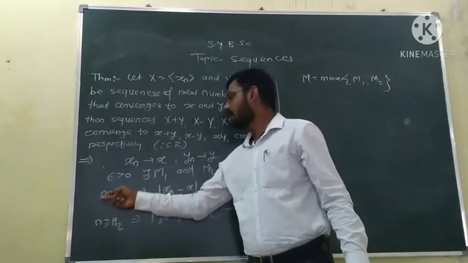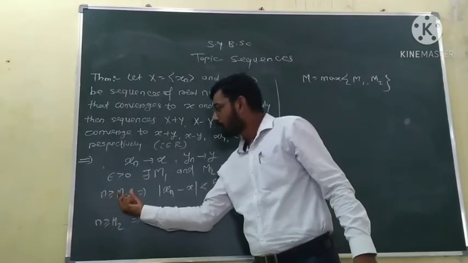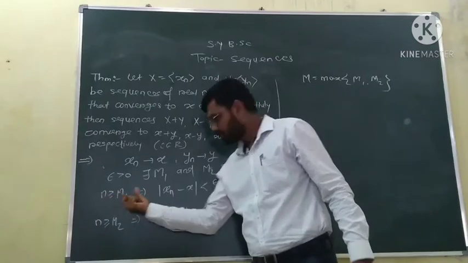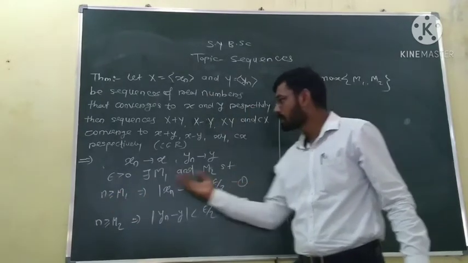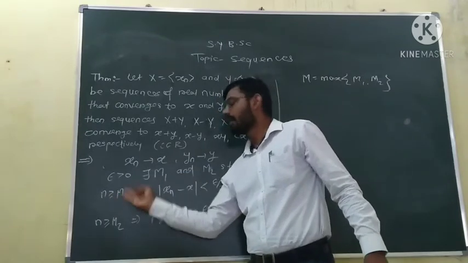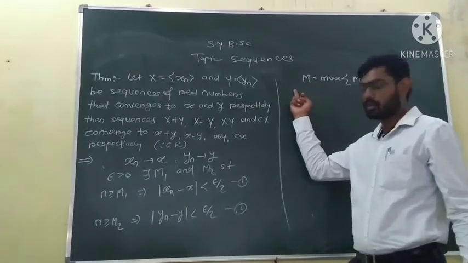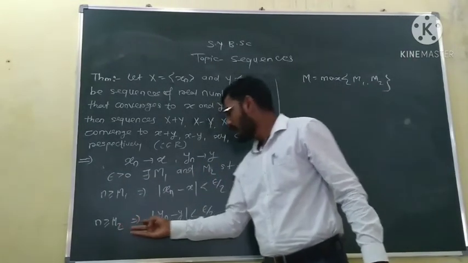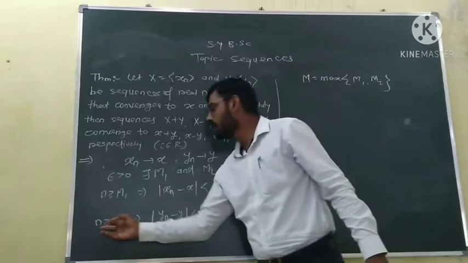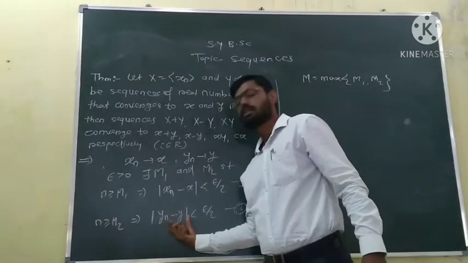So whenever n greater equal m1, this is true. So whenever n is greater equal capital M, this must be true, because m is greater equal m1, and this is true for any value greater equal m1. Similarly, m is the maximum of m1 and m2, so m is greater equal m2 also, and this is true for any value which is greater equal m2. So whenever n greater equal m, this is also true.